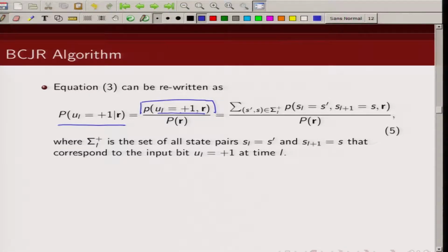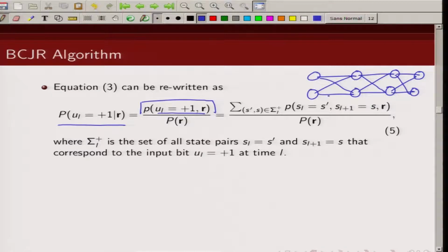So, if you look at any trellis diagram, let us say this is some trellis diagram, just a simple 2-state code, and like that you have... we are interested in where UL is +1 and where UL is -1.